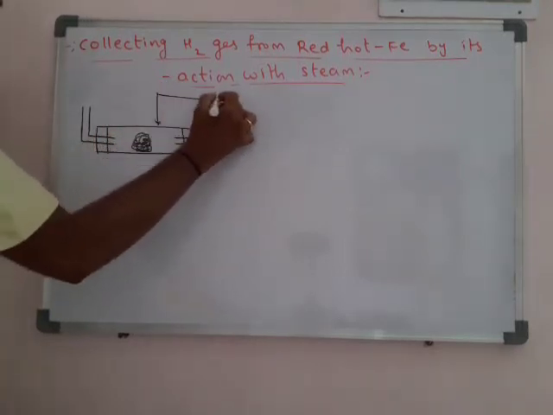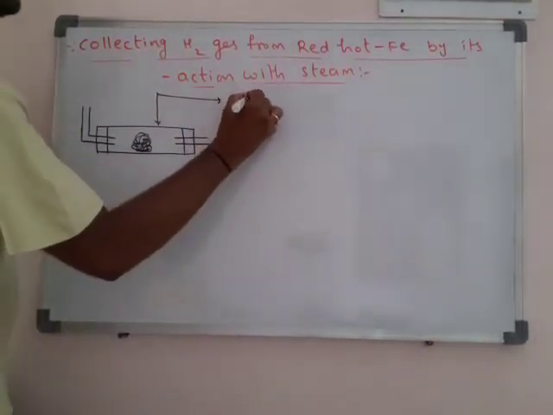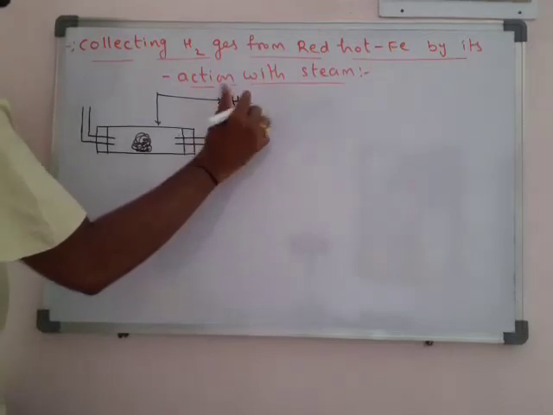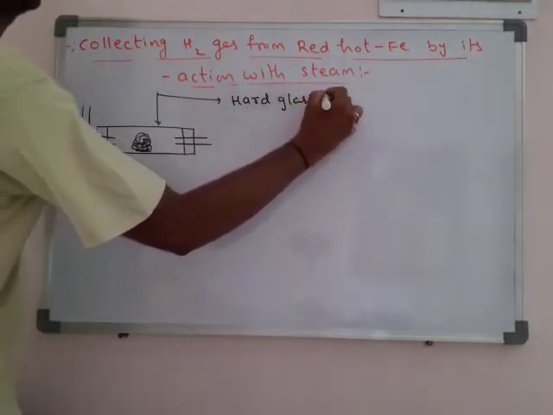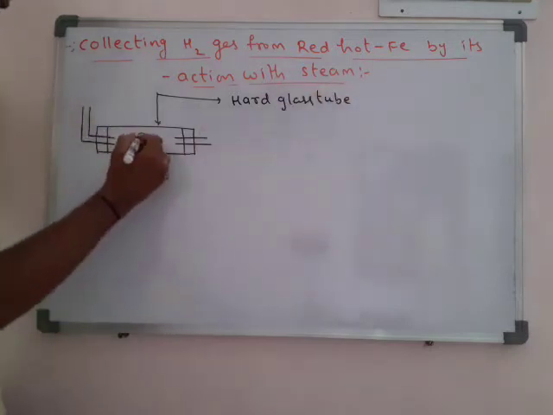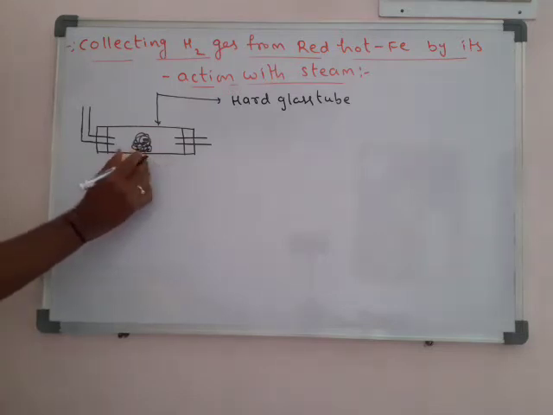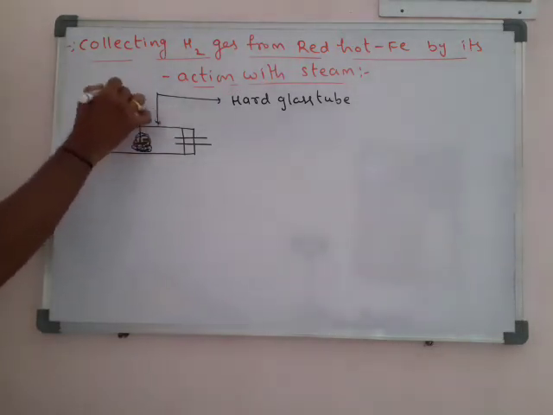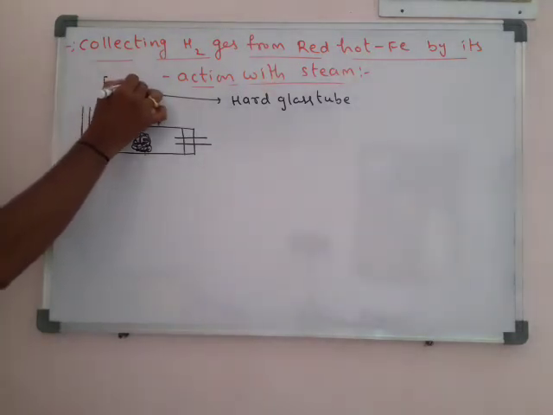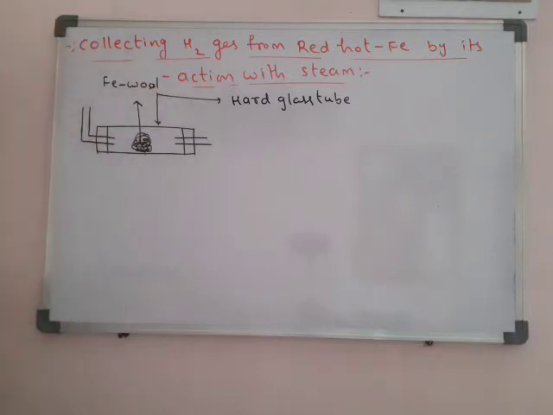To write the parts: this is a hard glass tube. This is iron wool, the wool form of the iron.